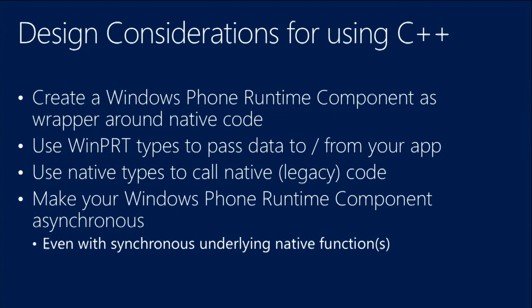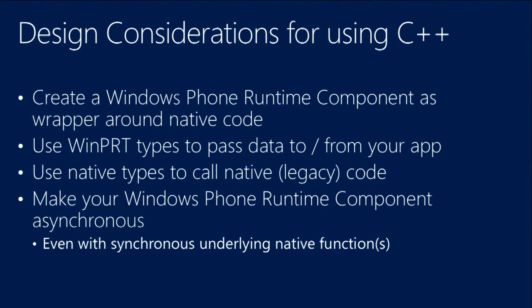So, in other words, your Windows Phone runtime component has two interfaces. On the upper side, it communicates with your Windows Phone application. And in order to do that properly, what you want to pass is Windows Phone runtime data types. At the same time, your application, if it's written in a .NET language like C# or something, will use .NET data types, and we take care of converting Windows Phone runtime data types to .NET data types in a mechanism called language projection.